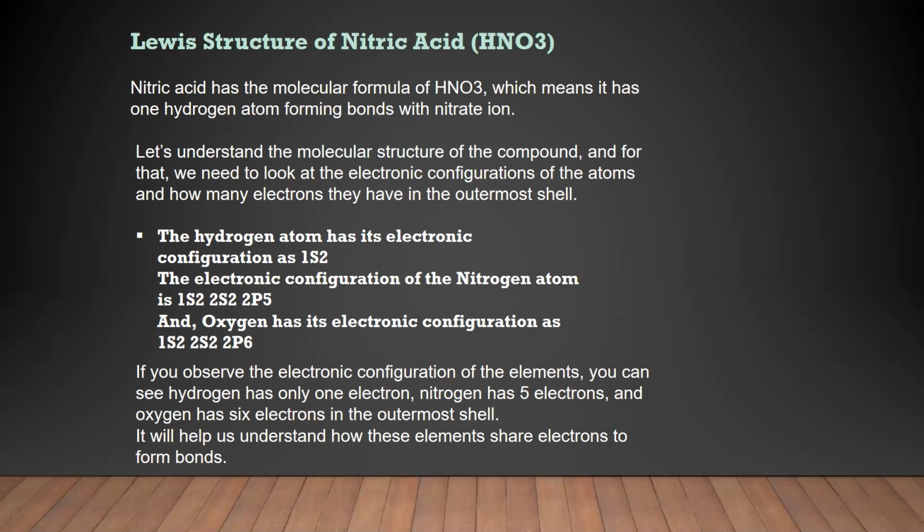If you observe the electronic configuration of the elements, you can see hydrogen has only 1 electron, nitrogen has 5 electrons, and oxygen has 6 electrons in the outermost shell. It will help us understand how these elements share electrons to form bonds.